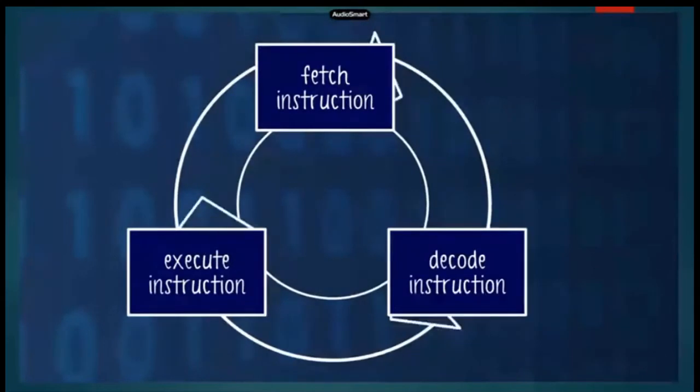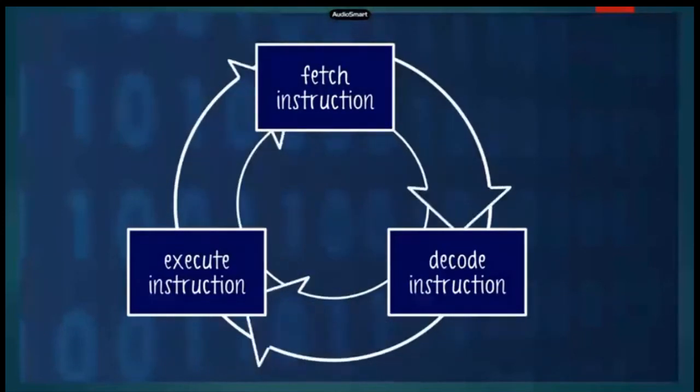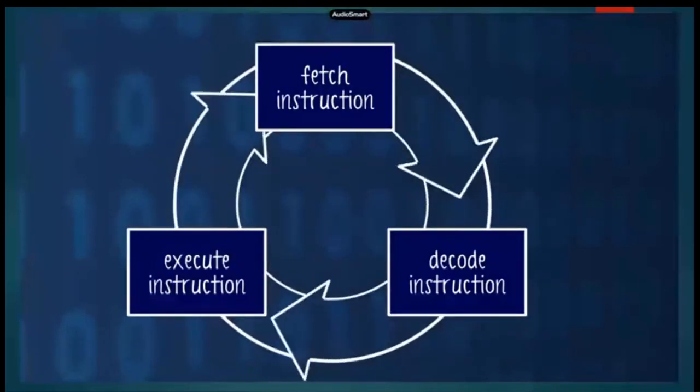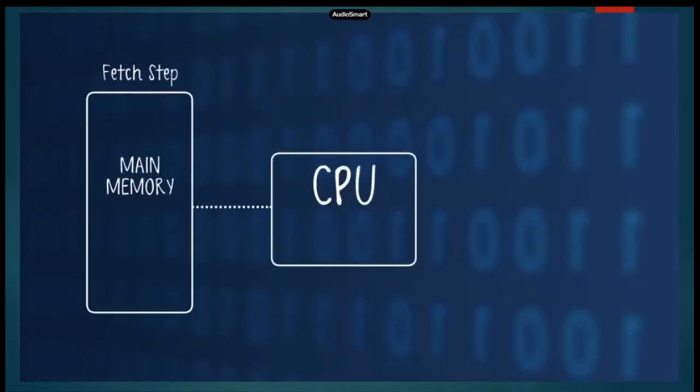The CPU does its processing by repeatedly carrying out 3 steps. These are fetch, decode, execute. Let's take a look at the fetch, decode, execute cycle. All the instructions and data for the CPU are stored in memory as binary. In the fetch step, the instructions retrieve from the memory to the CPU. The CPU uses something called the program counter to keep track of where it can find the instruction it needs.